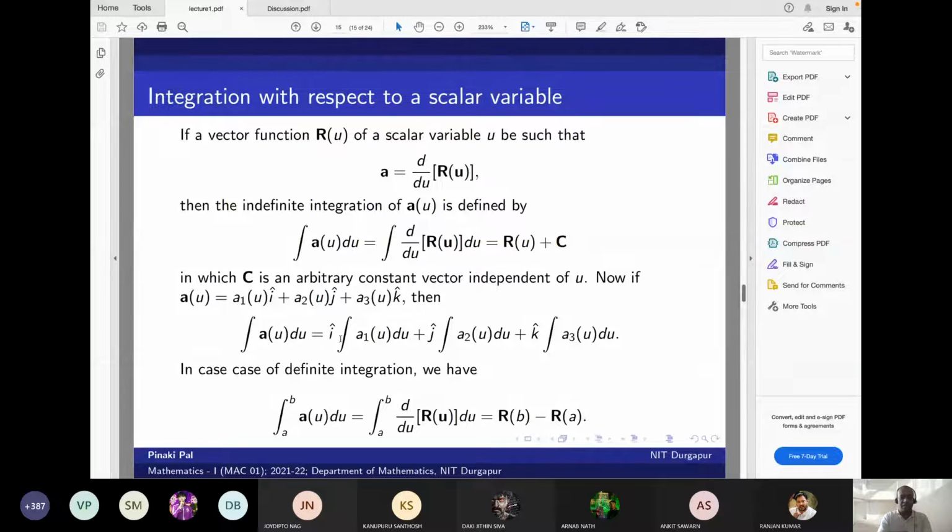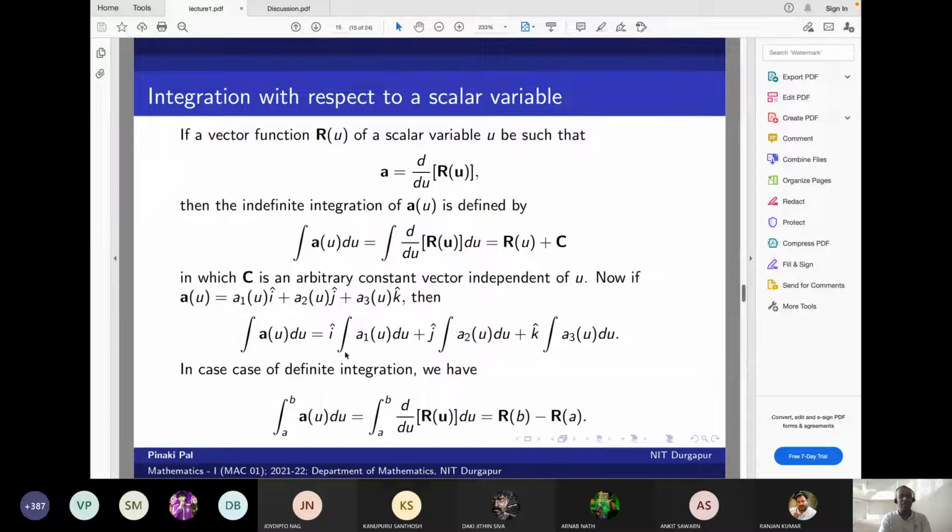And if we know the different components of A(u), suppose A(u) is equal to A1(u), that is the first component, or x component, i unit vector, plus A2(u) j plus A3(u) k, then we can perform the integration component wise.